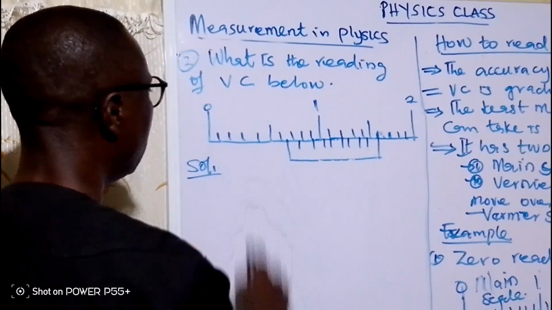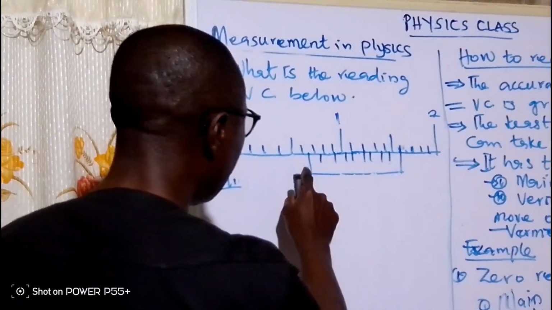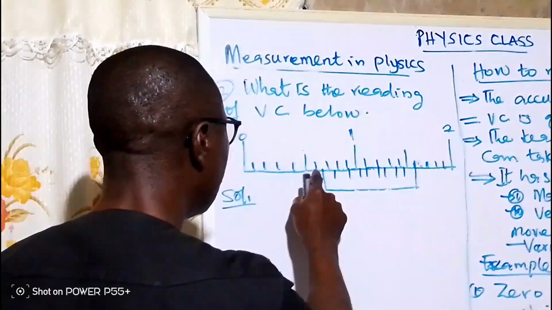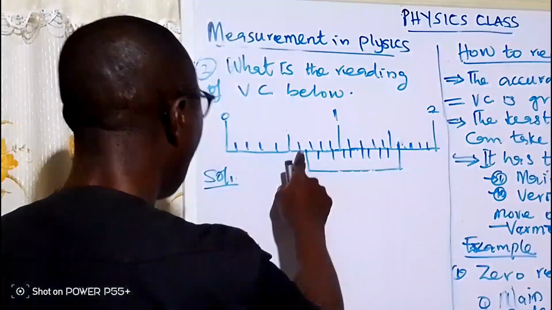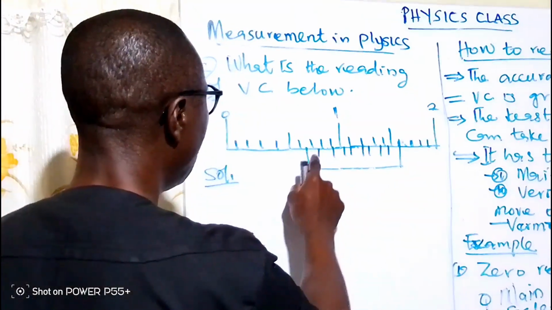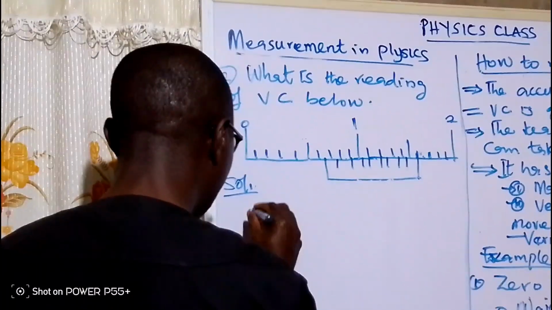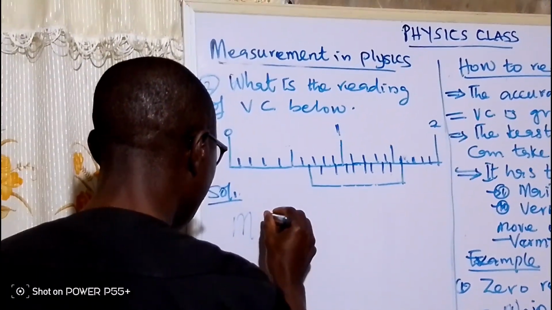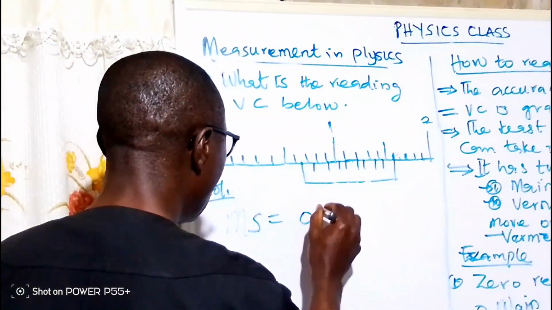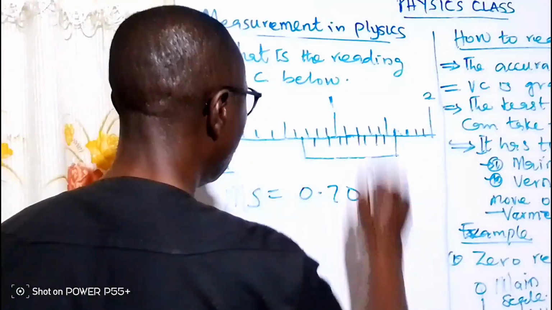It means the zero arm is between 0.6 and 0.7, but it's not up to 0.7. You now read the main scale as 0.70.